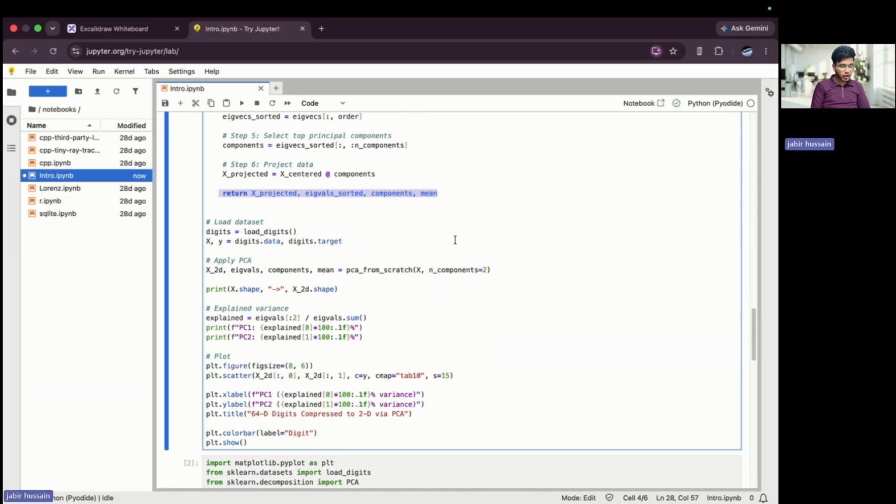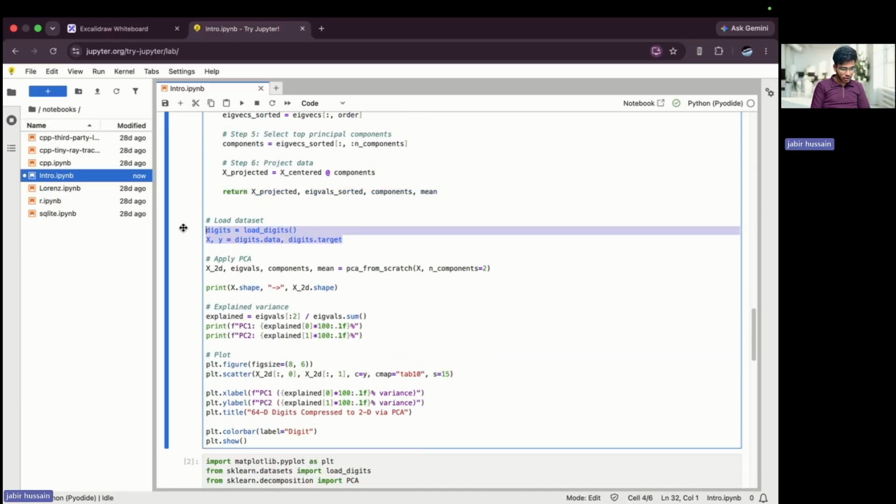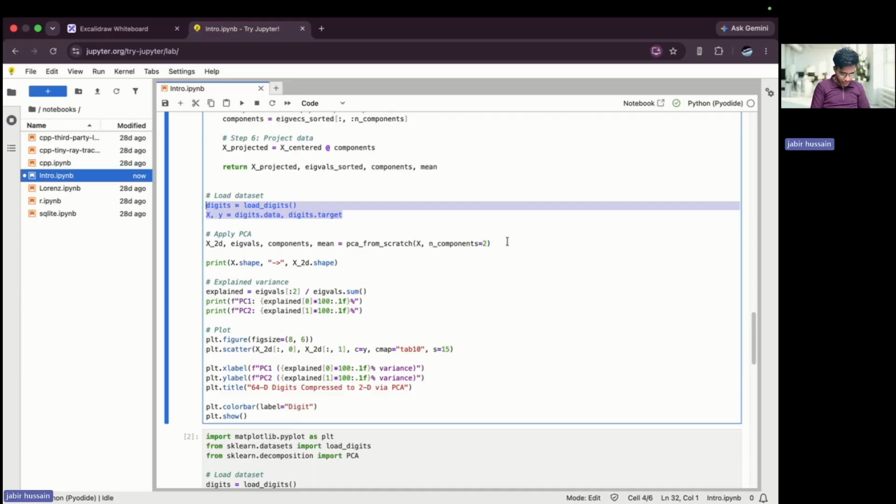Now, moving forward, I'm loading my data set. After loading the data set, I'm calling my PCA from scratch function. I'm storing the respective values, whatever it is returning me, a two-dimensional space, right?